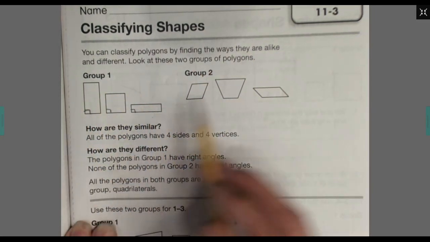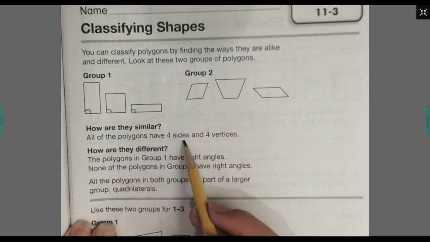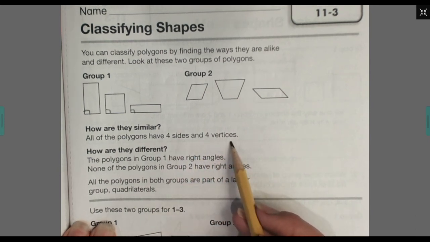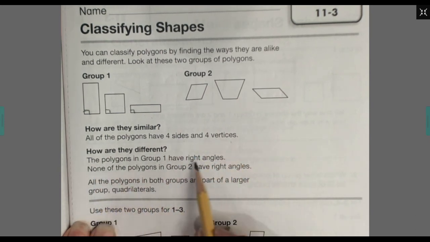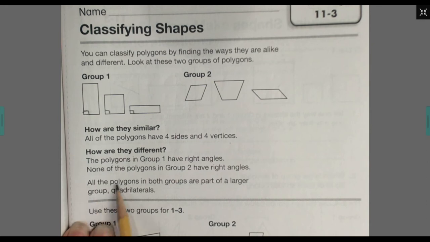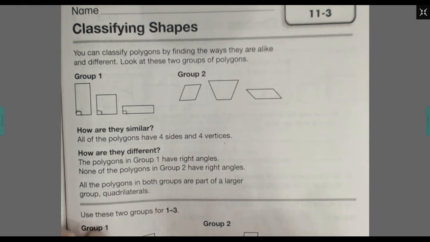Group 1 and Group 2 all have 4 sides and 4 vertices. But they're different because the first group has right angles and the second group does not. And all of these polygons in both groups are part of the larger group called quadrilaterals, because they have those 4 sides.